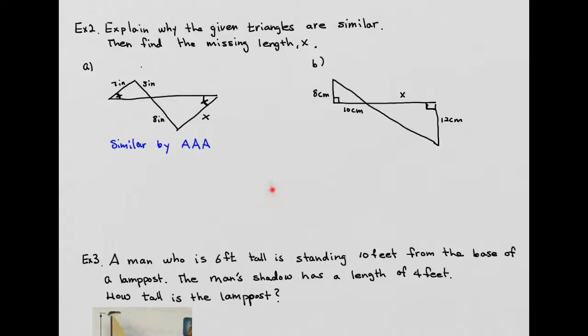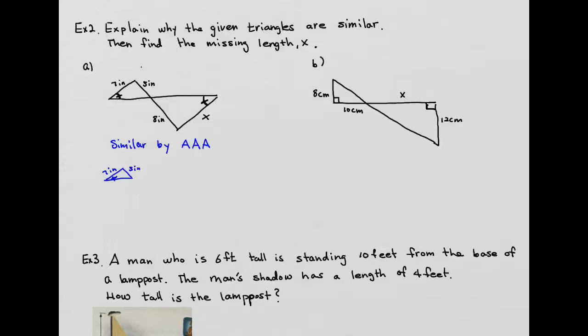If you can see which is equivalent to which, you don't need to draw. But if you don't see that, what you can do is just draw. So the smaller one looks like this. And this is the angle given, and this is 7 inches and 5 inches.